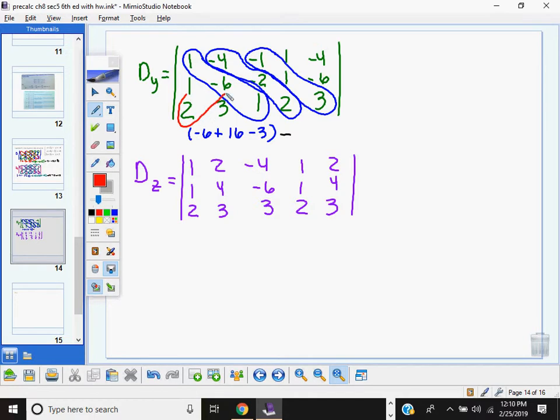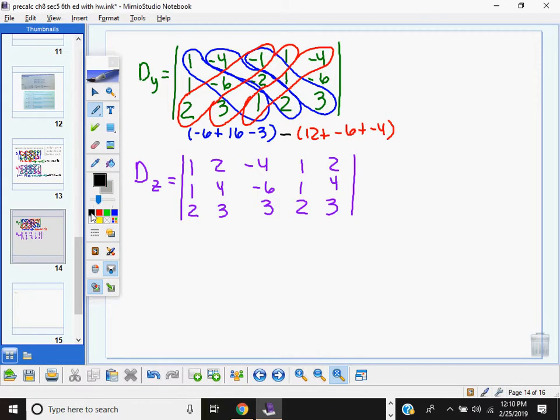2 times negative 6 times negative 1 gives me a positive 12, plus 3 times, that's a negative 2 there, it's hard to see, 3 times negative 2 times 1 is a negative 6, plus 1 times 1 times negative 4 is a negative 4. All right, let's finish this.